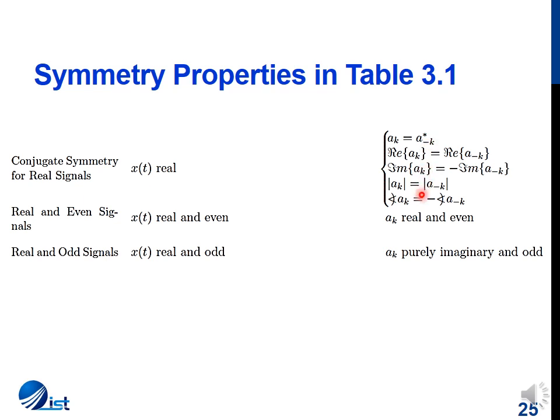So these two factors come from this property, and these two factors come from this property, or this is equivalent to this. So all these are equivalent forms. You are going to use this to solve some book numericals, so you have to be sure that you understand what it means. Similarly, for real and even signals, we remember if x of t is real and even, then a of k is real and even, and if x of t is real and odd, then a of k is purely imaginary and odd.